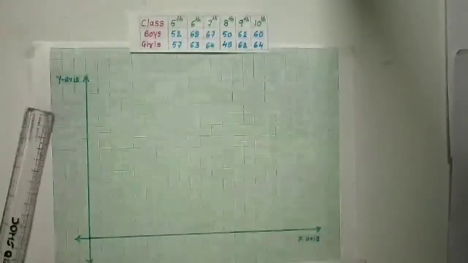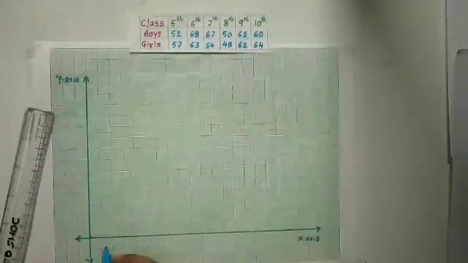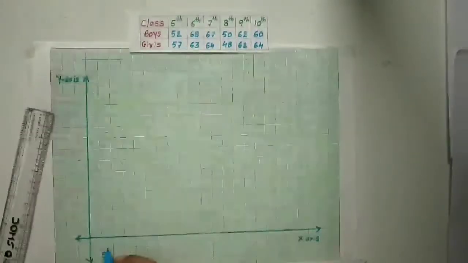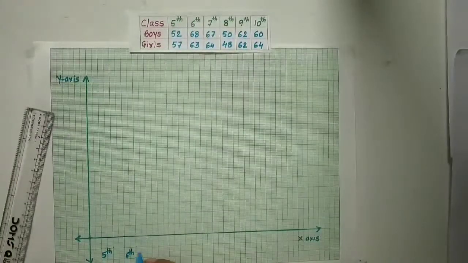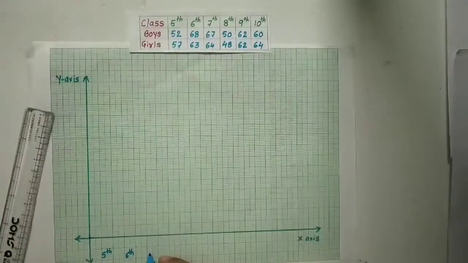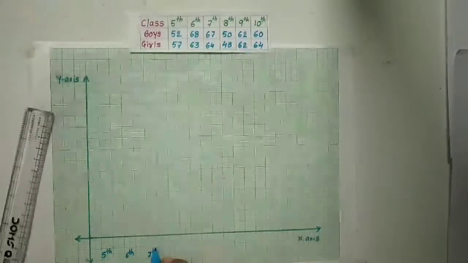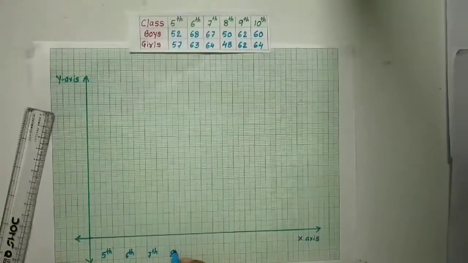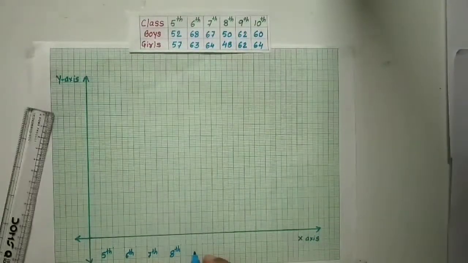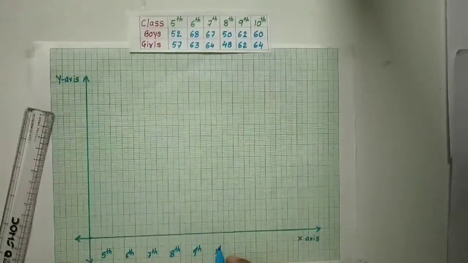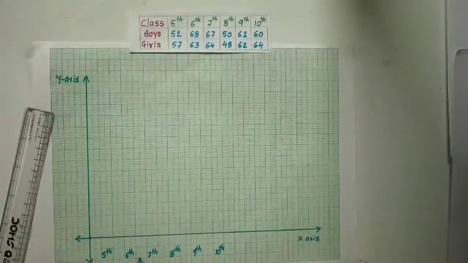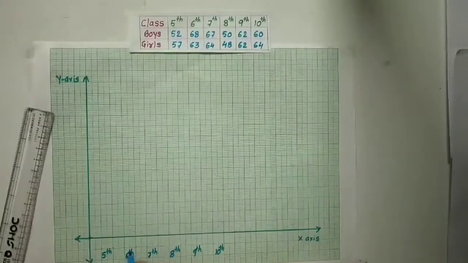Now here we'll write 5th standard, 5th class, here 6th class, then 7th class, 8th class, 9th and 10th. Distance between two classes is equal, same.